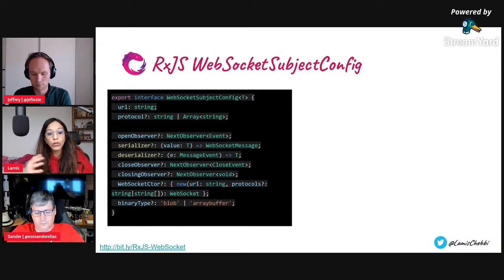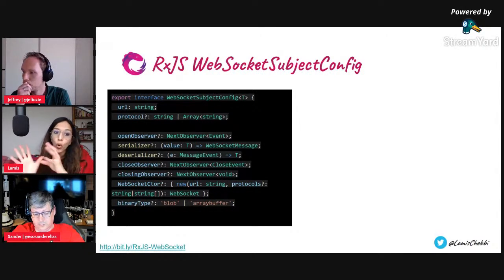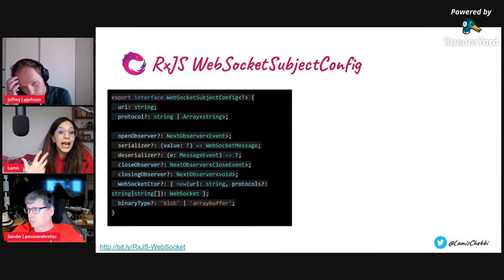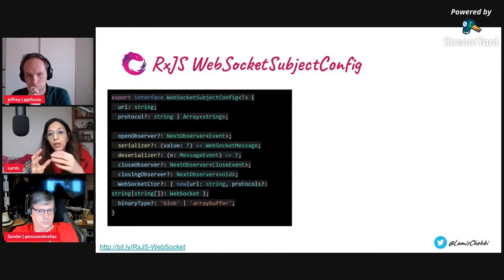This is the object I told you about earlier, and I said that there are two ways to create the RxJS WebSocket subject: either by calling the URL of your endpoint or by passing the whole object. So this is the object, and those are the specification and the properties of this object. This object is very useful when you want to customize the socket lifecycle.